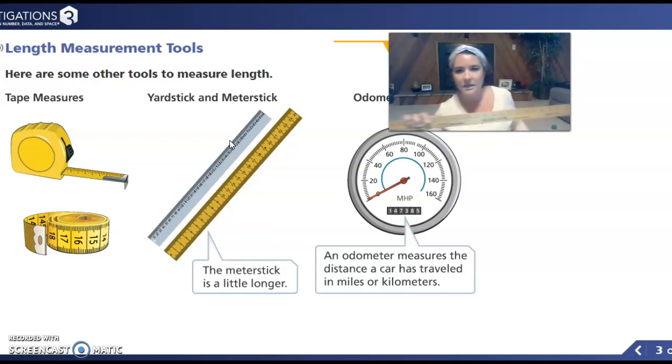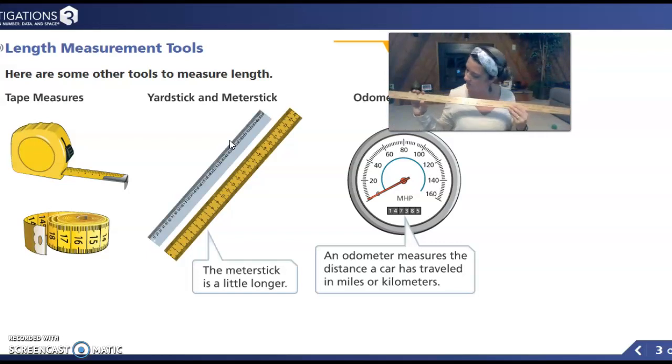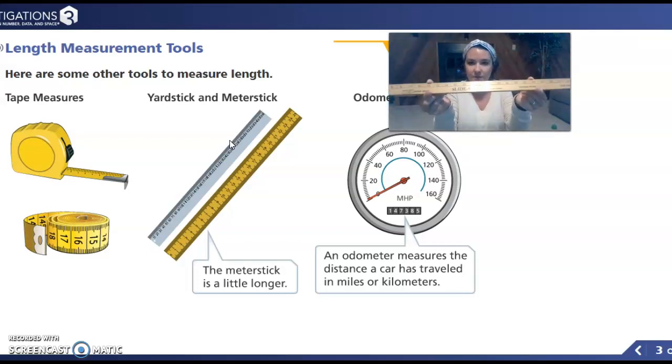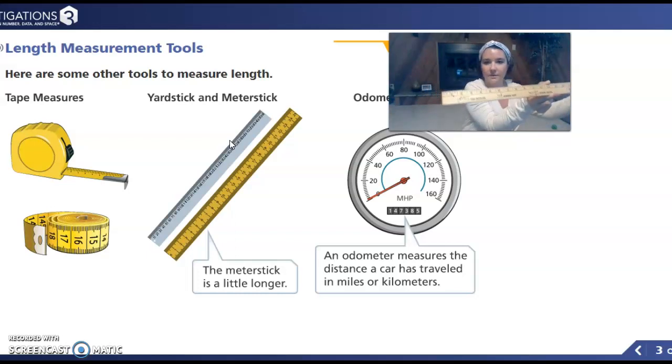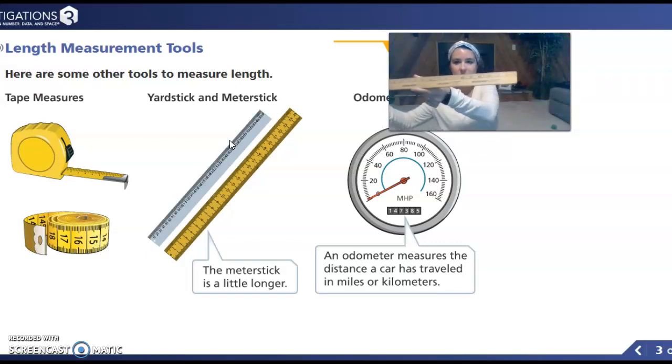I have a yardstick here, and you might not be able to see, but 12 inches is 1 foot. 12 more inches would be at 24 inches, and that would be 2 feet. 12 more inches is 36 inches, and that's the end of the yardstick.